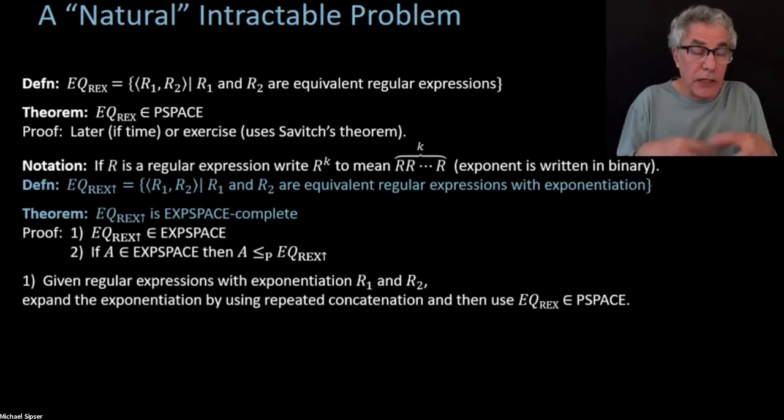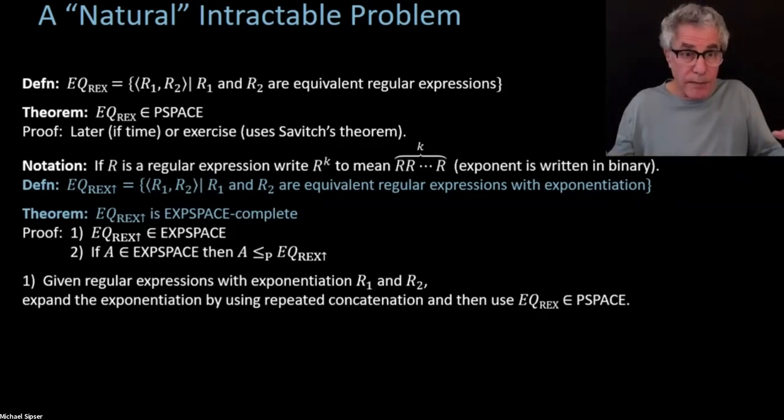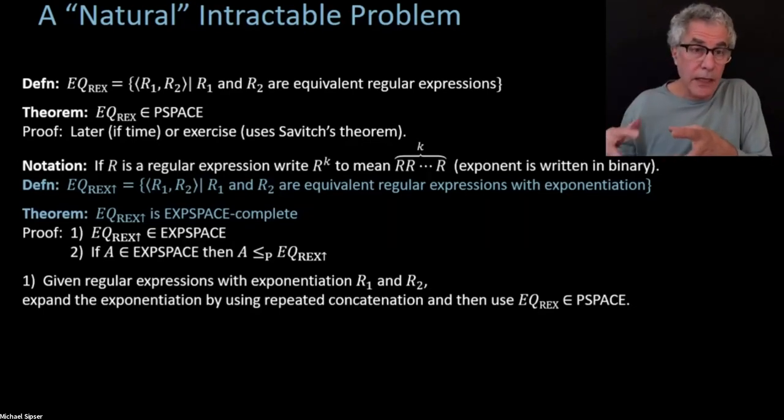So the input to the p-space algorithm is now exponential in the original input size, but it's p-space in that enlarged input. So that's going to give you an exponential space algorithm in the original input size, because you expanded it to become exponentially bigger, and then you run the p-space algorithm on that expanded problem.